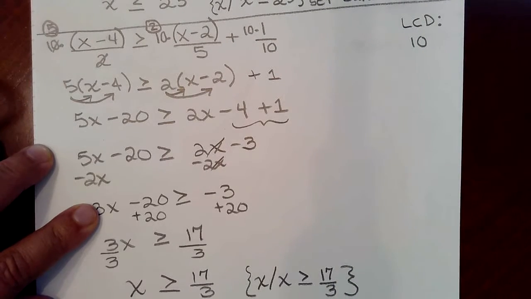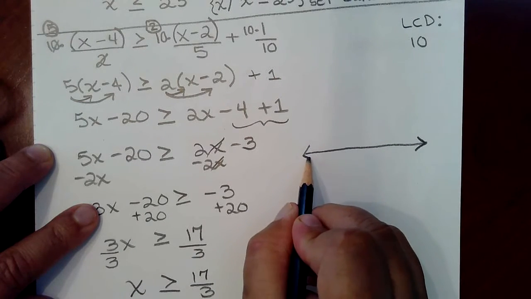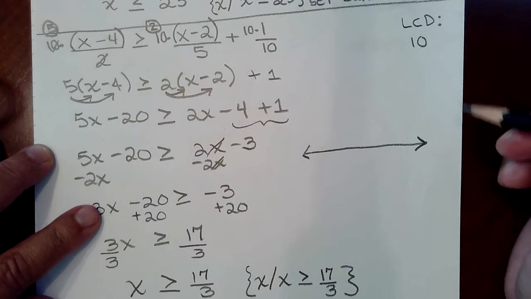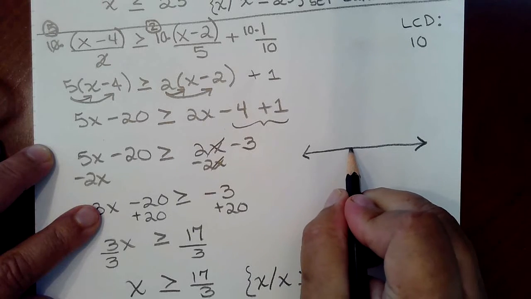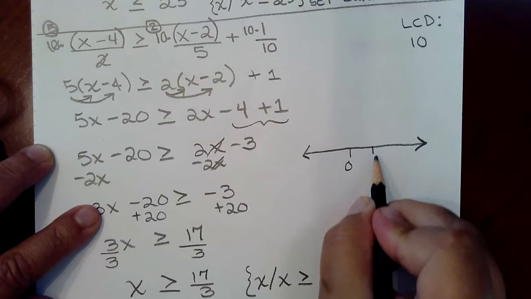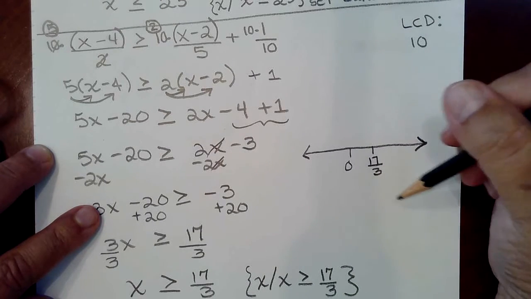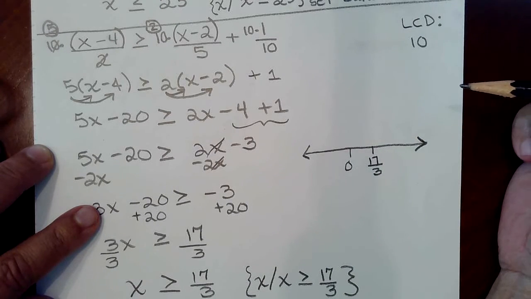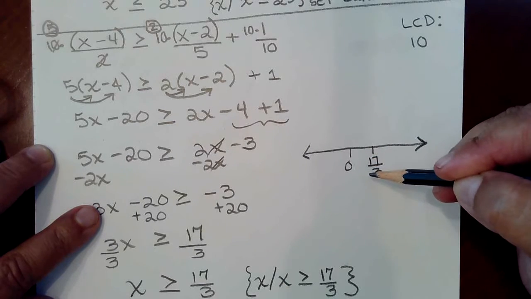17/3. If you want to give a graph of that, that graph will help you get the interval notation right. So if you're going greater than or equal to 17/3, you could put the 0. You could put a mark for 17/3, and you can change it into a mixed number if you want to, but that's not necessary. Just make sure that this is reduced.